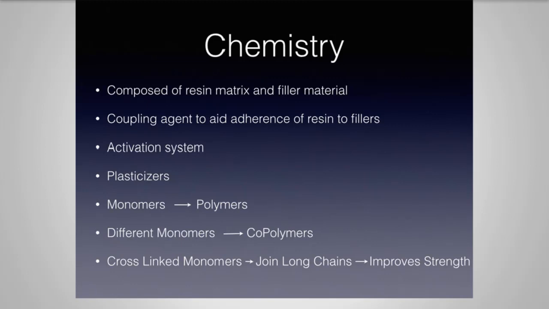The monomers and the polymers go into the overall resin matrix to create these remarkable materials. And looking at different monomer combinations and the copolymers that are created in the overall reaction that goes on within the materials. And then, of course, the evolution of using cross-linked monomers that join these long chains together to improve the overall strength and benefit of the composite materials.